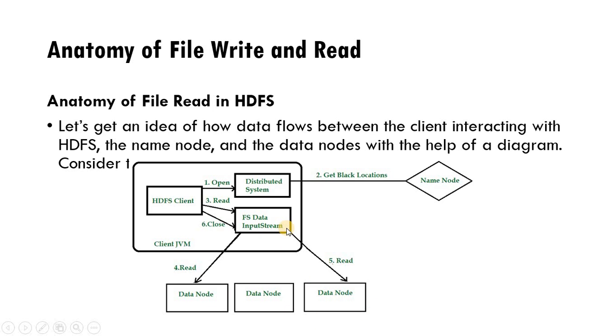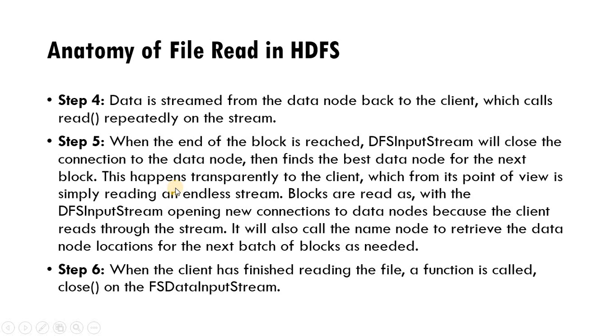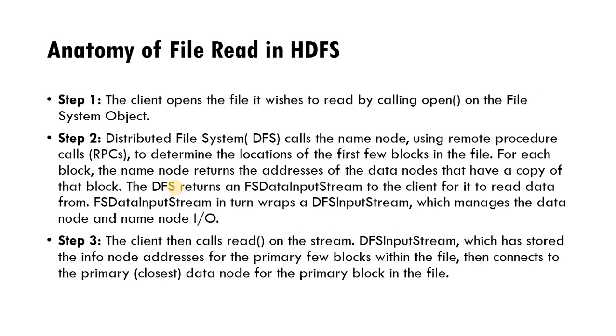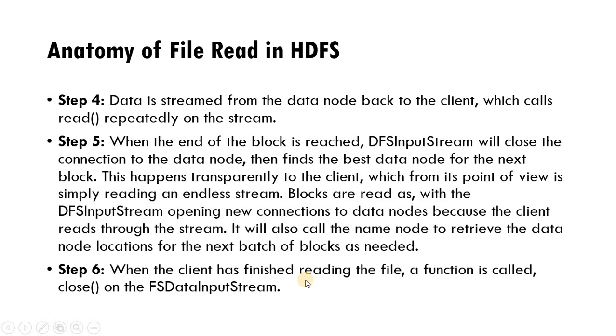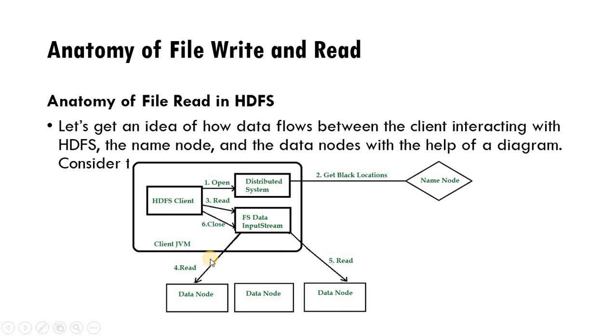The FS data input stream calls the read method on the first data node, gets the information and provides it to the client, and similarly on the next ones, getting the data and providing it to the HDFS client.